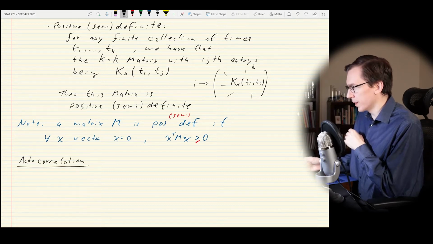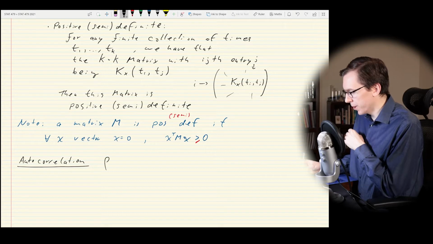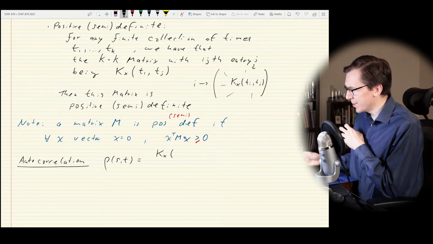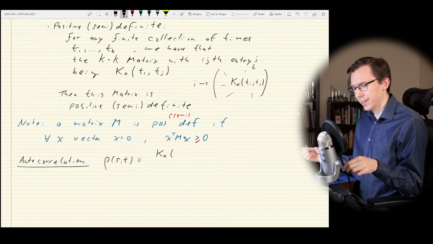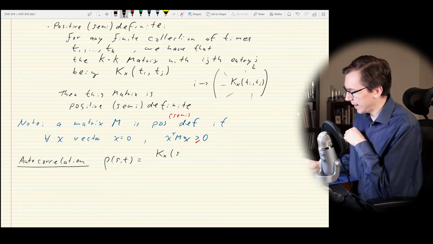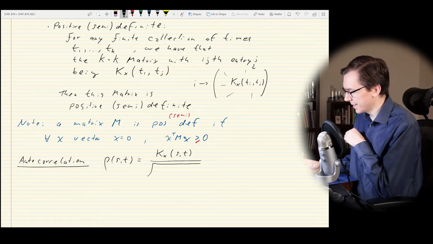And the autocorrelation, which I'm going to denote as rho of s,t, the Greek letter rho, is going to just be the normalized autocovariance. So we do what we would normally do, which is we will take our autocovariance and we'll divide by the respective variances, which is just the autocovariance at the same time point.